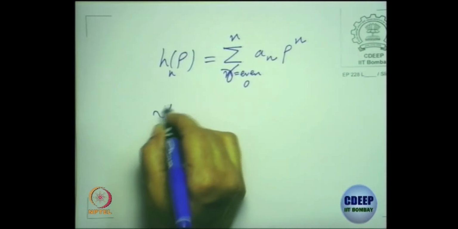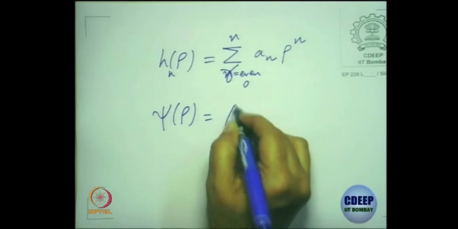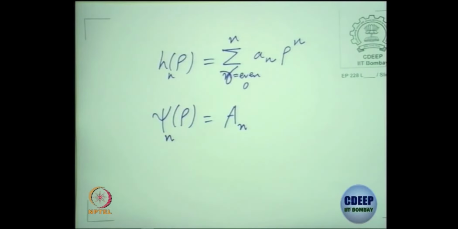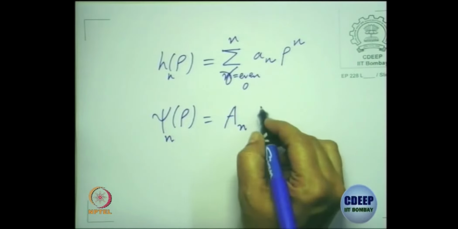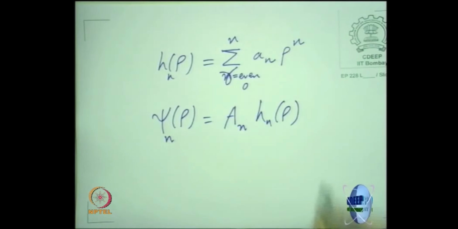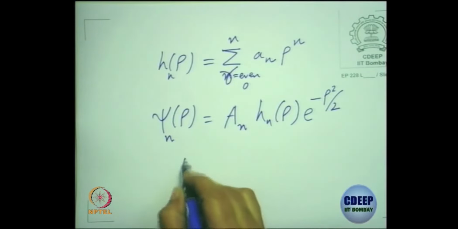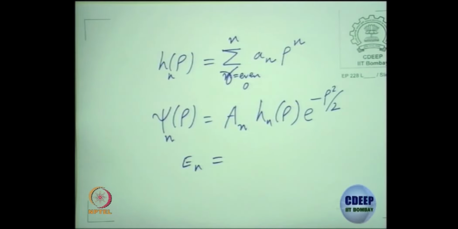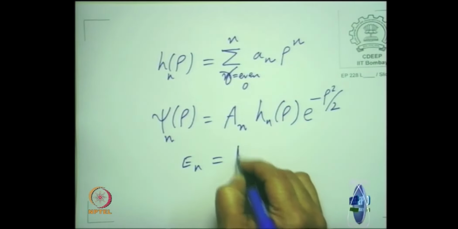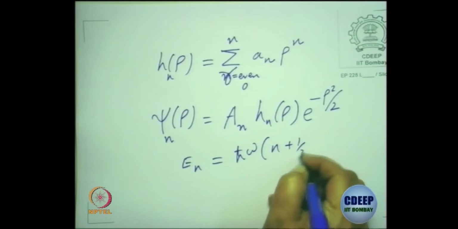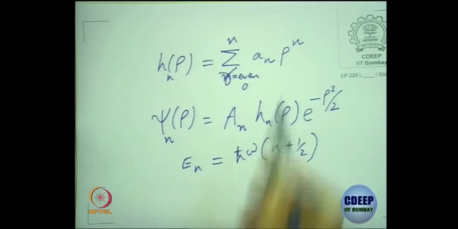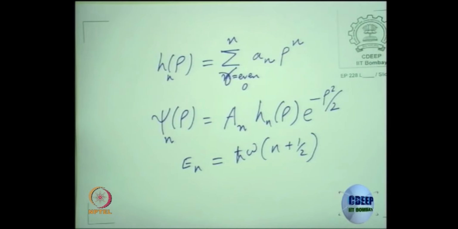So that your psi of rho is some normalization constant, let me call it psi n, times hn of rho times e to the power of minus rho squared by 2, and the corresponding En is h cross omega times n plus half. I have still not written these an, but I have given you a recursion relation here from which you can determine an in terms of an minus 2 and so on.